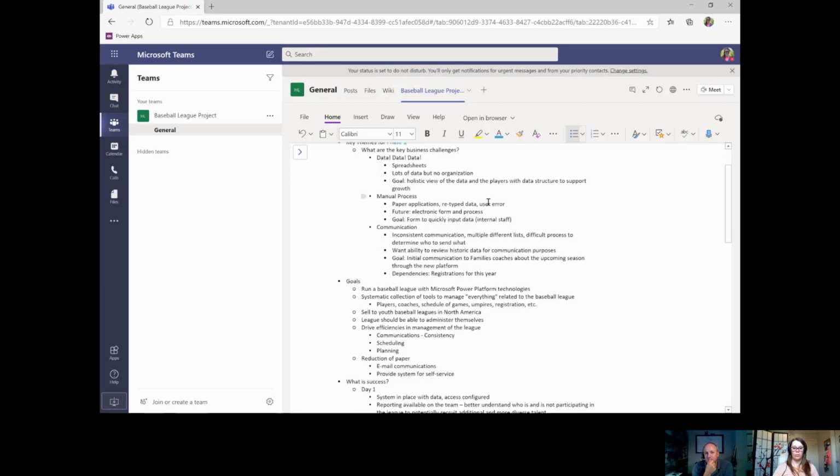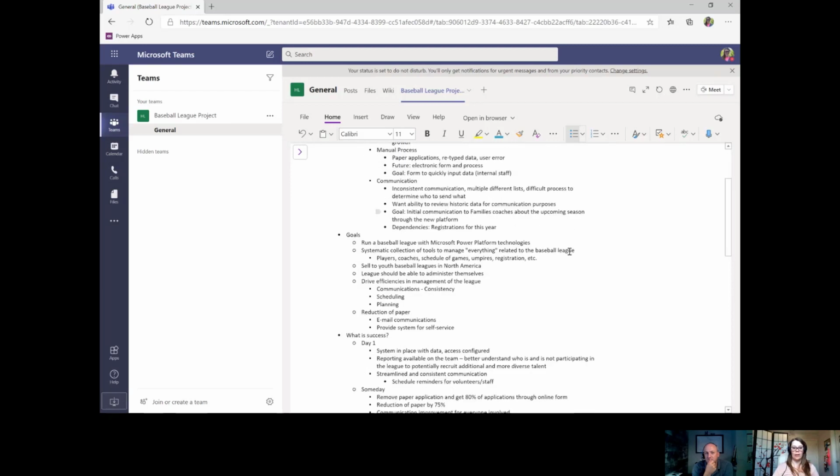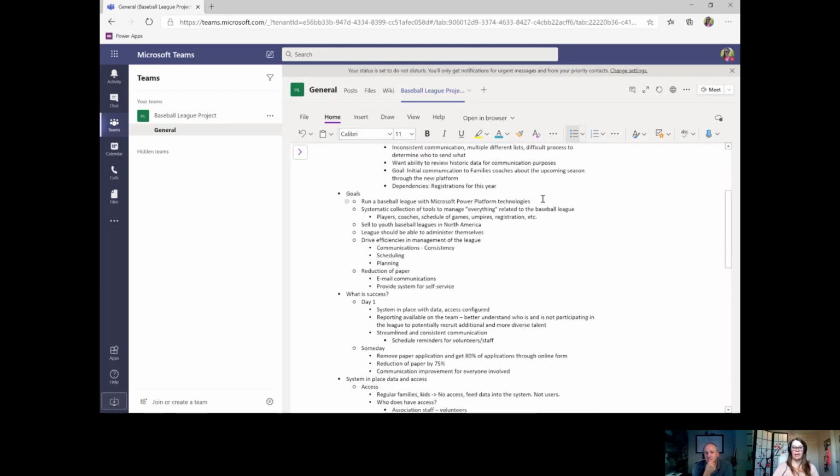Okay. So let's talk about our goals. Running the baseball league, I would say, yes, we can count this, although probably not the whole league, right? Yep. So we're not going to highlight our collection of everything. Correct. I agree. I don't think we need to care about administration right now because this is phase 1. I think we can get to that later. Right.